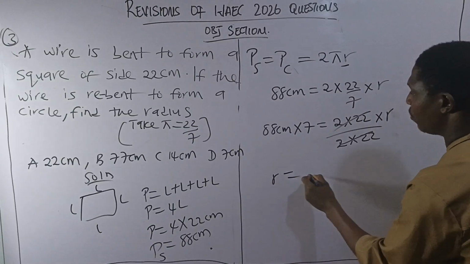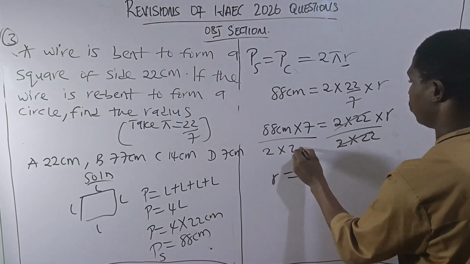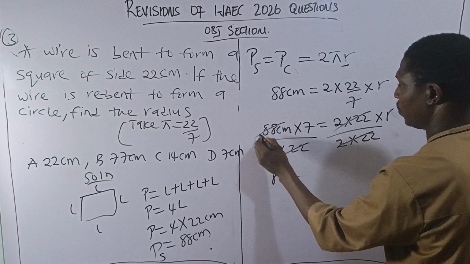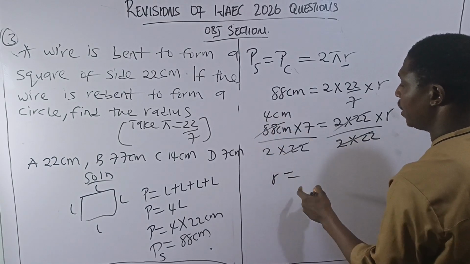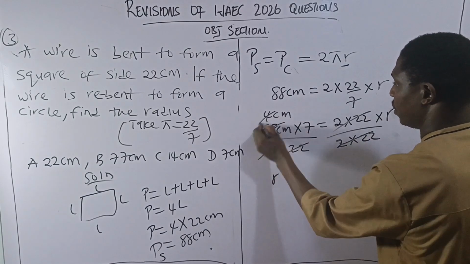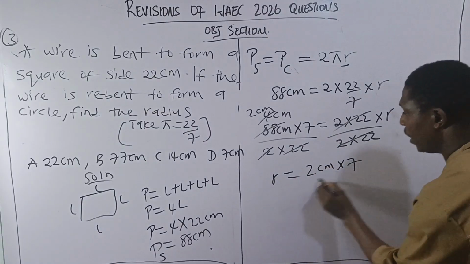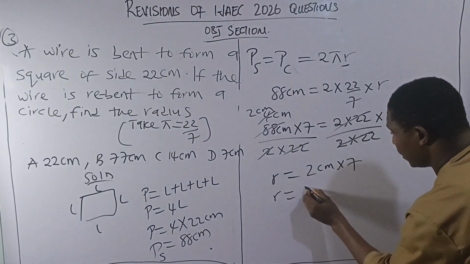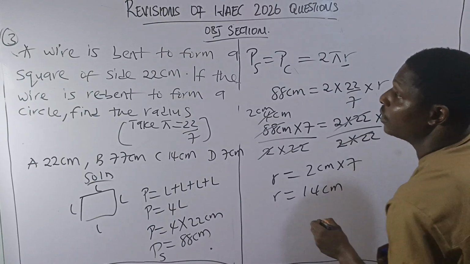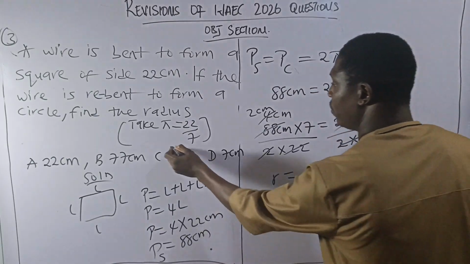So my R will be equal to 88 times 7 all over 2 times 22. This can cancel this, and I'll have 4 cm. If this gives me 4 cm, this can cancel to give me 2 cm, and I'll have 2 cm times 7. So the radius will be equal to 2 times 7, which is 14 centimeters. So this corresponds to my answer being C.